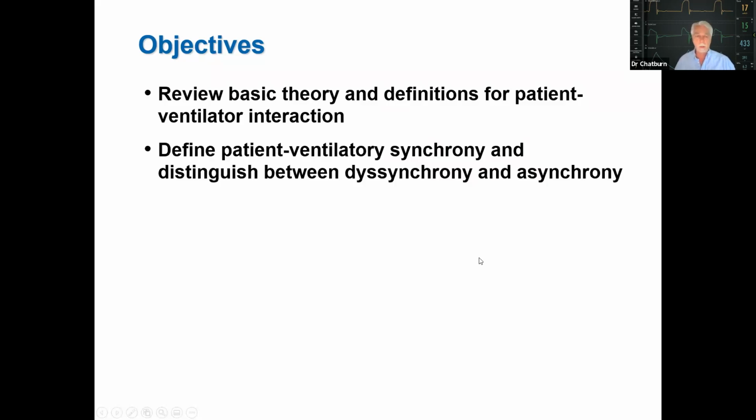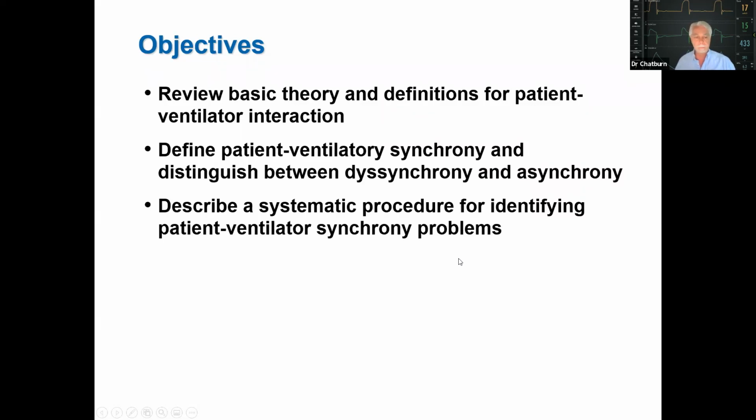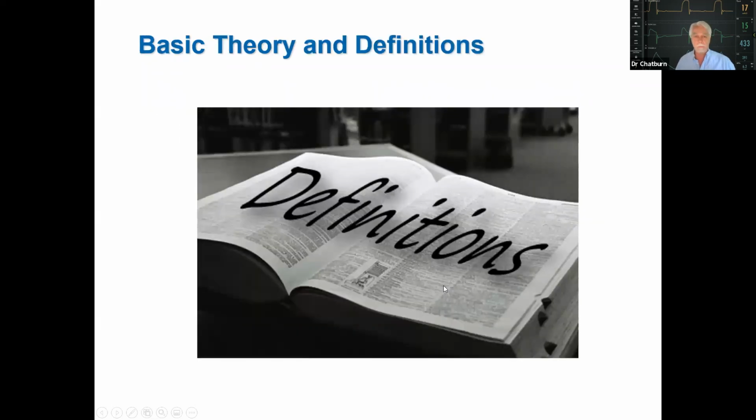We will give definitions for patient ventilator synchrony and distinguish between the terms dysynchrony and asynchrony, because I believe it's useful to do that. And finally, we'll describe a systematic procedure for identifying patient ventilator synchrony problems at the bedside.